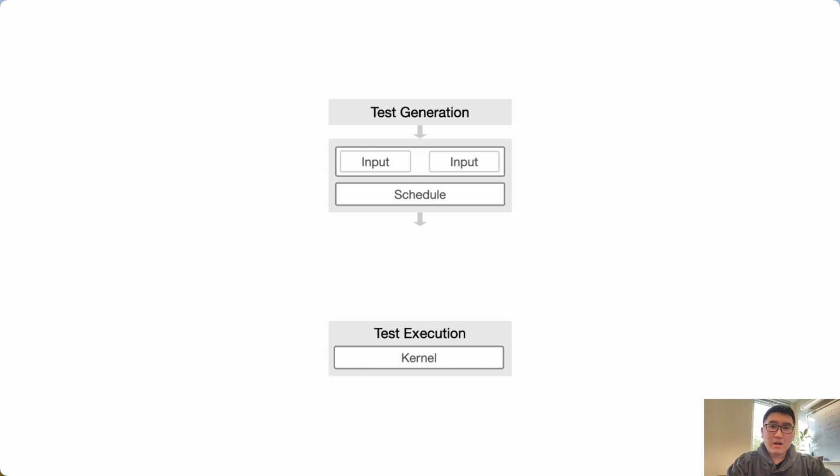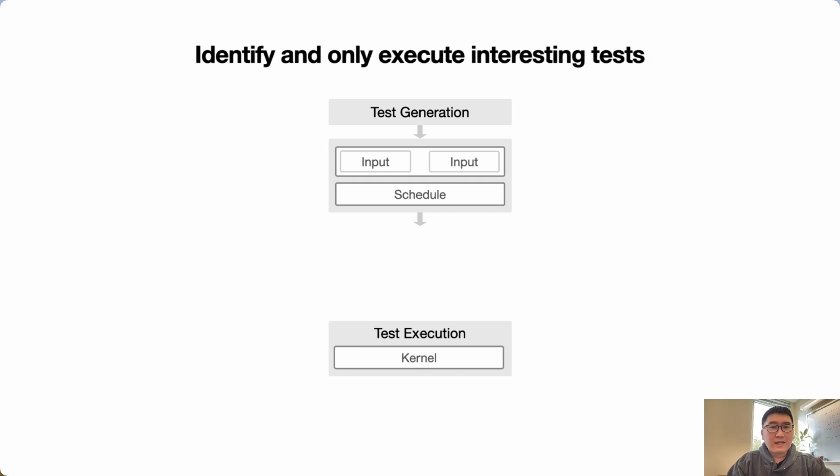One way to address this problem is to run tests more selectively. It means we only execute a subset of the generated tests, but make sure the tests in this subset are more interesting. So we ask ourselves this question: can we identify interesting tests and then only execute them?